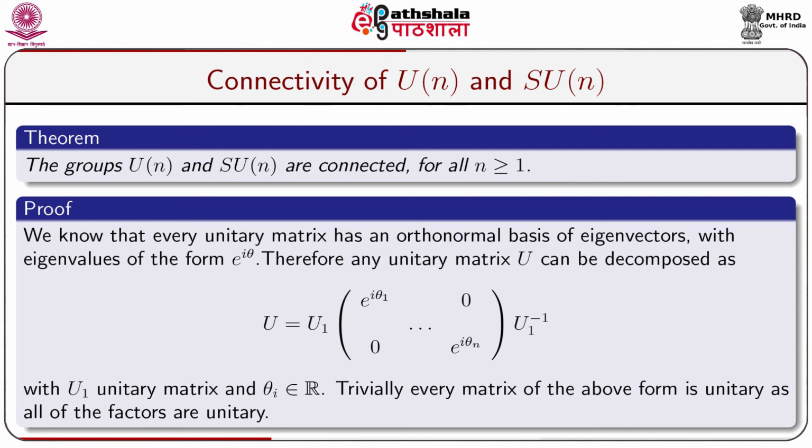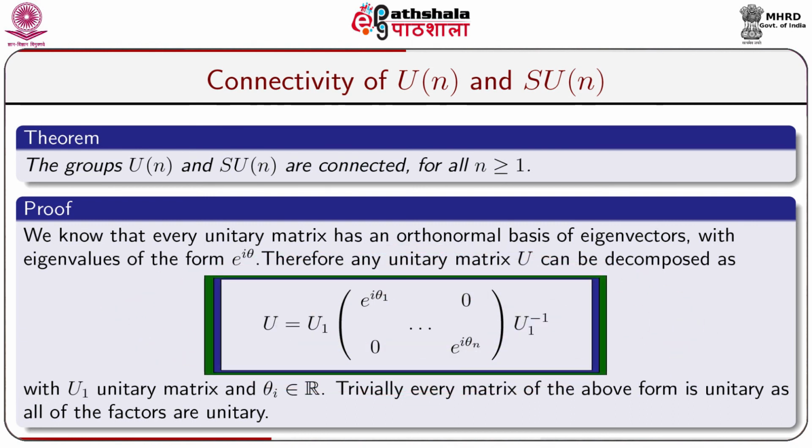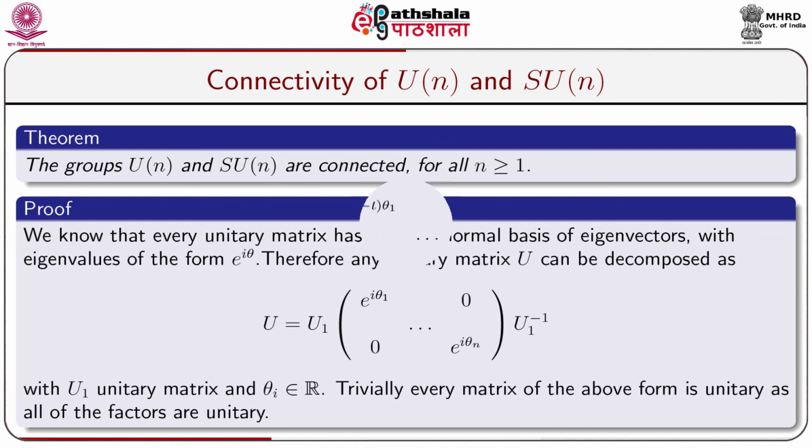It follows that every unitary matrix U can be written as U equal to U1 times the diagonal matrix with entries e to the power i theta, times U1 inverse, where U1 is a unitary matrix and theta is a real number. Conversely, it can be checked that matrices of this type are unitary.